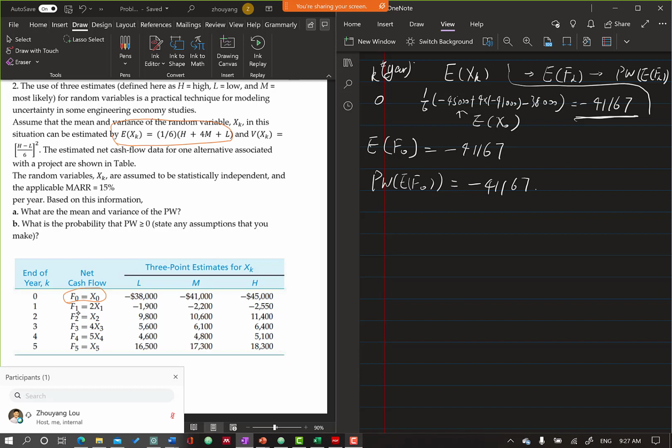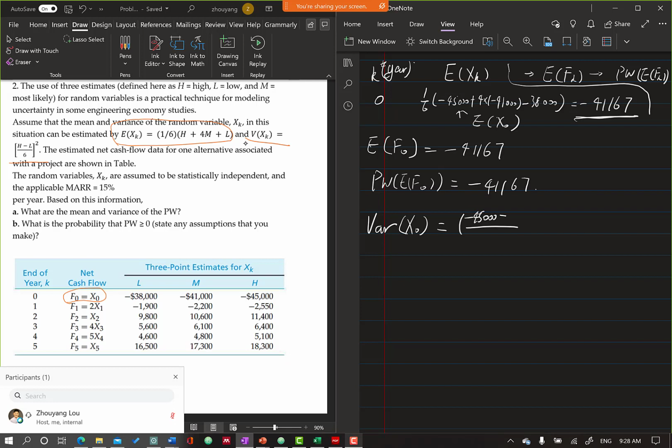And then for the variance, it's the same thing. We calculate the variance of x0 first, which is just given in this problem. We use the high minus low, minus 45,000.